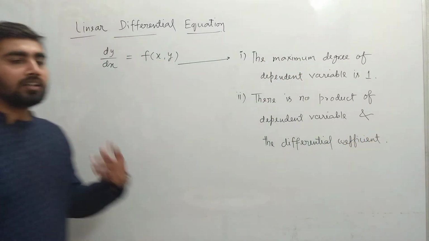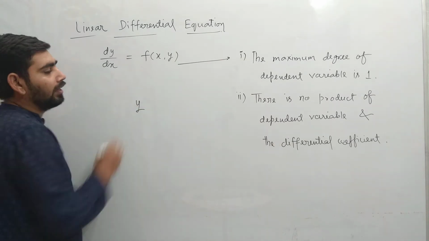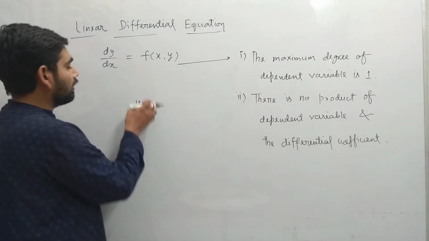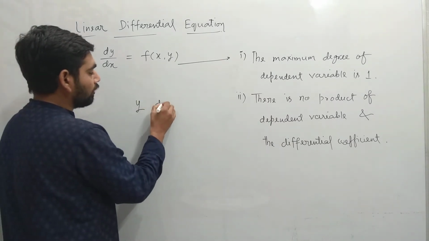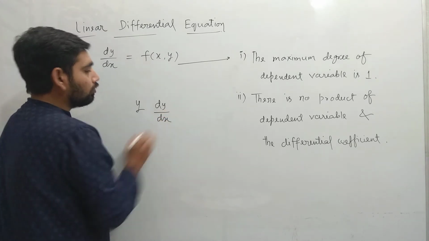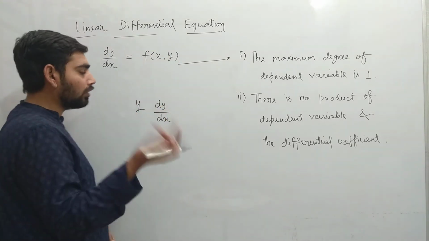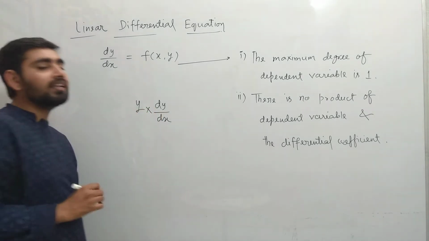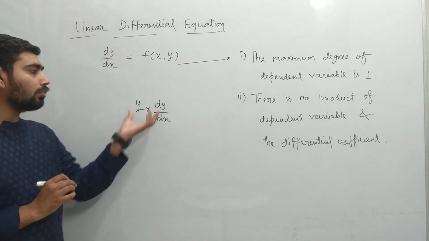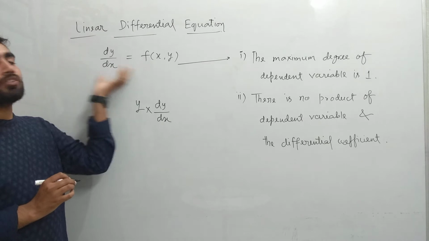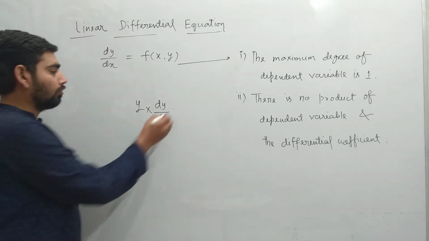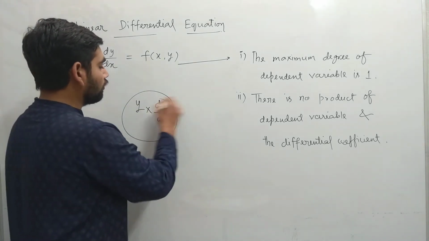If the dependent variable is y, then the differential coefficient with respect to x will be dy by dx. So for this equation to be linear, it cannot have the product of y and dy by dx. This type of term cannot occur in this differential equation for it to be linear. So we will not have y into dy by dx.